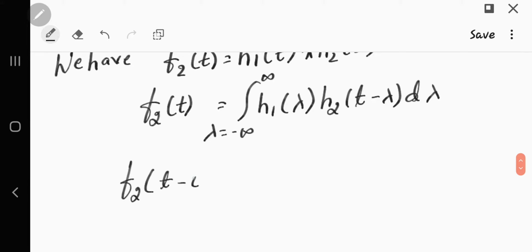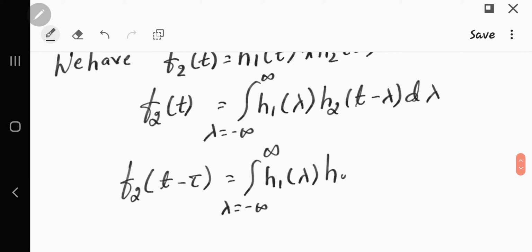t minus tau. So if f2 of t gives the expression in this way, then f2 of t minus tau will provide us the equation in this form: h1 of lambda h2 of t minus tau minus lambda d lambda.